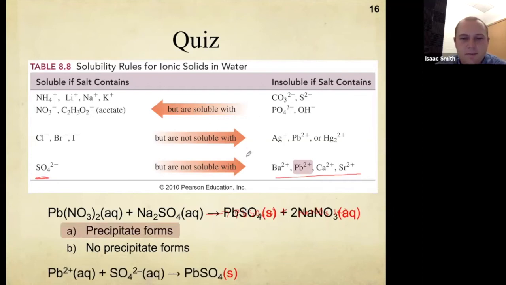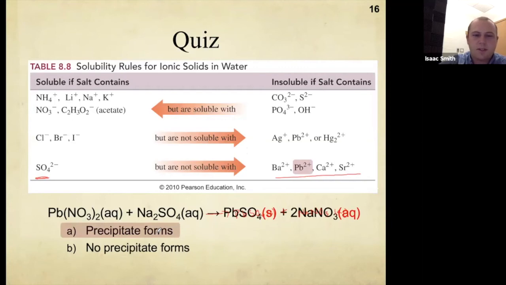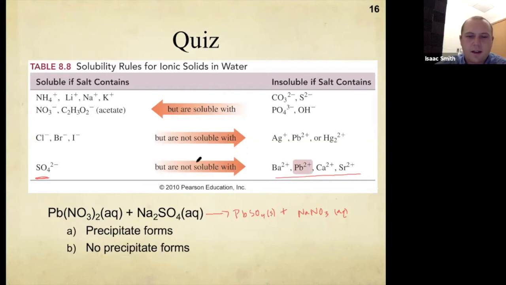And let's do this example, might as well. All right, so let's look at the net ionic equation, or complete ionic equation for this one. Remember, if there's a solid that forms, it means you can do a complete ionic equation. So lead nitrate is soluble, so that means we're going to have lead 2+ ion.